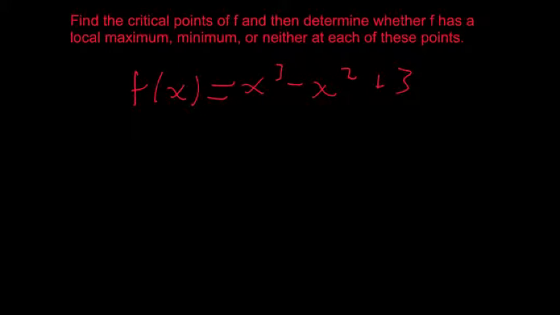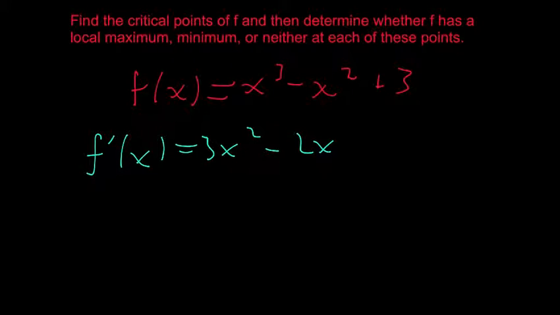So to find our critical points, what we have to do is take our first derivative and set it equal to 0. Doing that, we have that f prime of x equals 3x squared minus 2x. And then we set this equal to 0. So 0 equals 3x squared minus 2x.